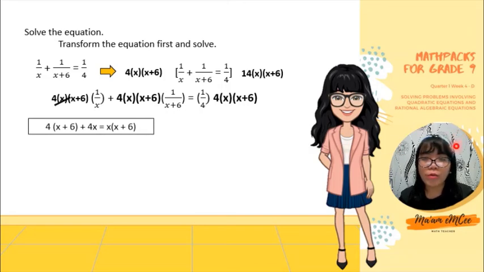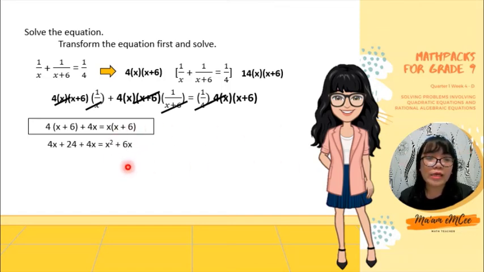Here, we will cancel out x, so what remains is 4 times x plus 6. Here, we will cancel out x plus 6, so what remains is 4 times x times 1, which is equal to 4x. And then here, we will cancel out the 4, so that we will have 1 times x times x plus 6, or x times x plus 6.